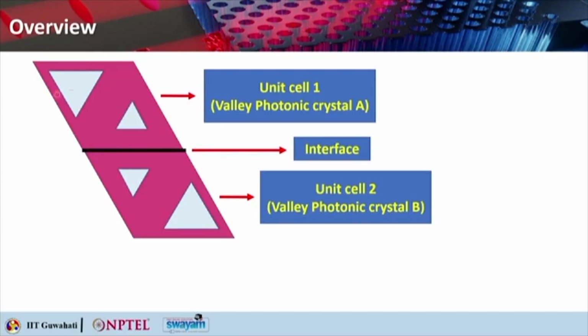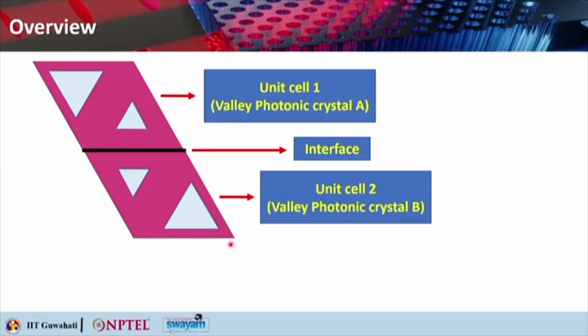We will call this type, where the larger triangular hole is on the top and the smaller one at the bottom, unit cell 1, or you can say this is VPC type A. VPC is basically valley photonic crystal. And if you flip this design, if you take a mirror of this design, that is where the smaller triangle will come closer to the smaller triangle.